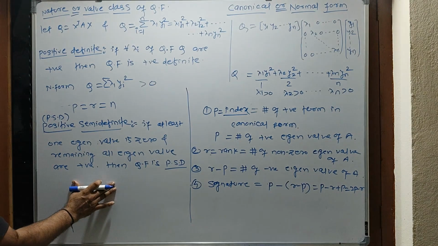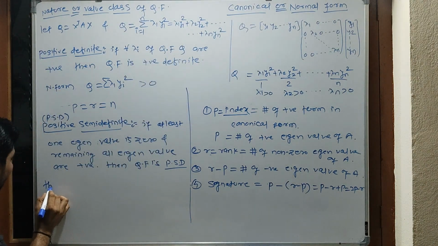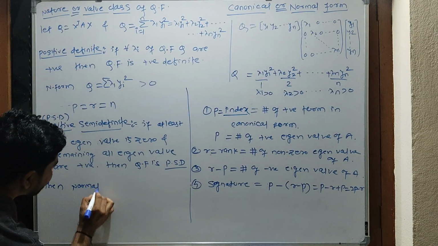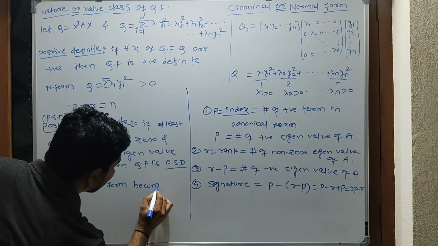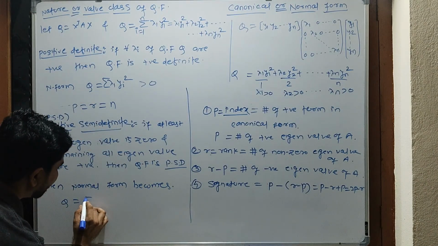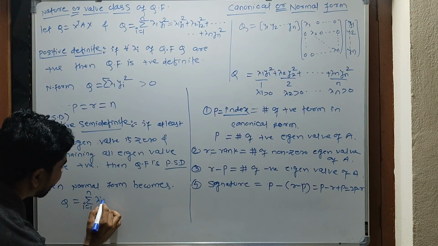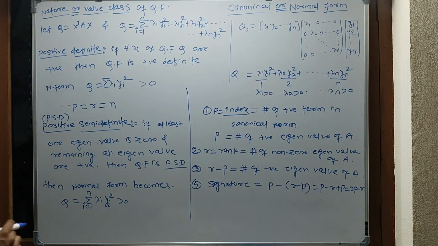So in this case also, for example, the normal form becomes Q equal to summation i running from 1 to n, lambda i y i square, which is greater than or equal to 0.